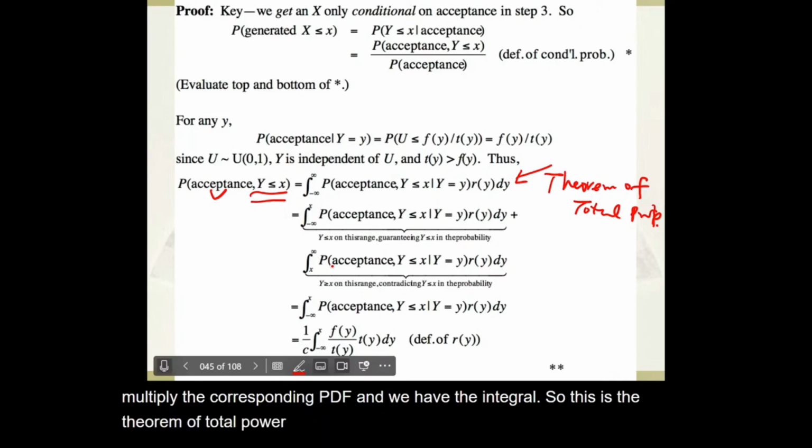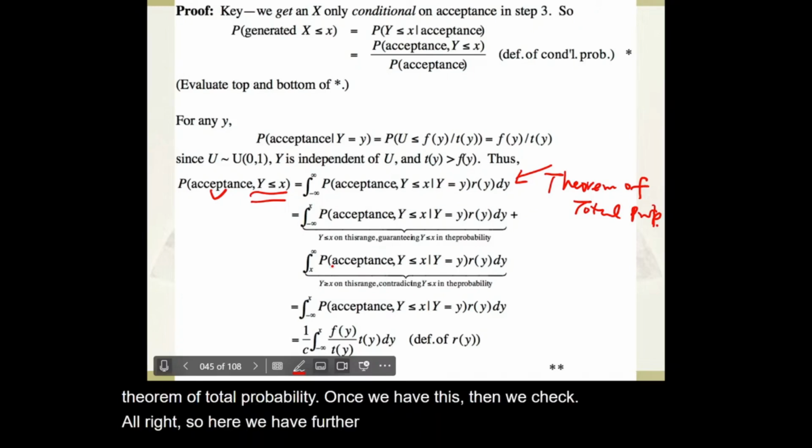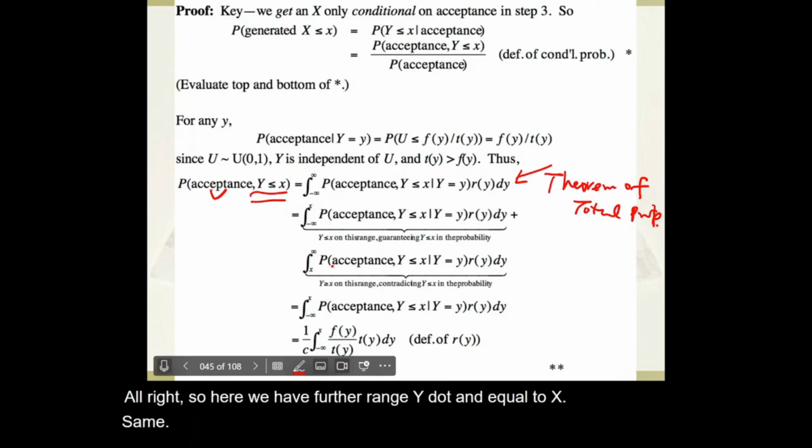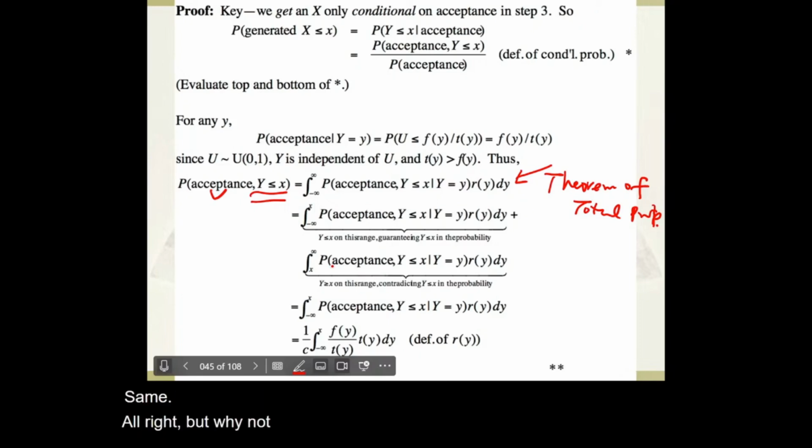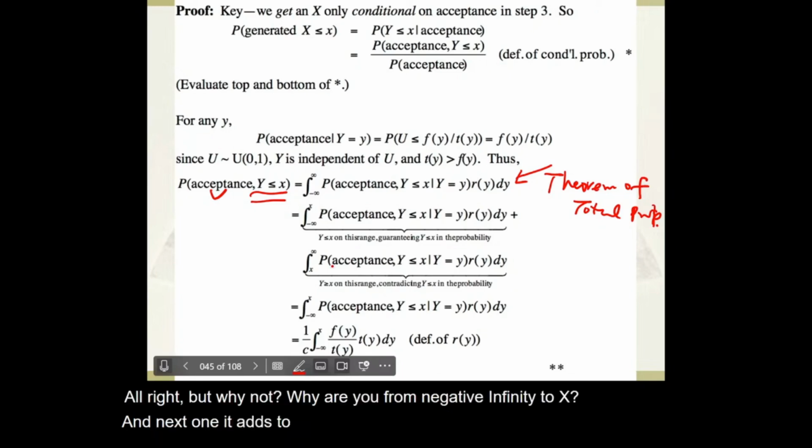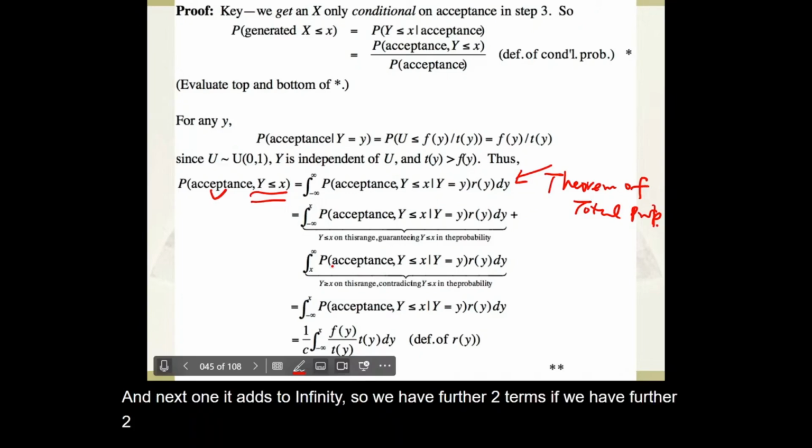Once we have this, then we check the range Y lower than or equal to X. Right now, Y goes from negative infinity to X, and the next one is X to infinity. So we have the two terms.